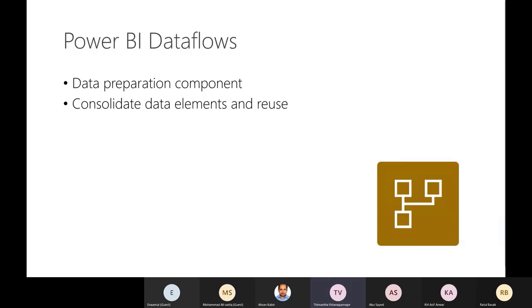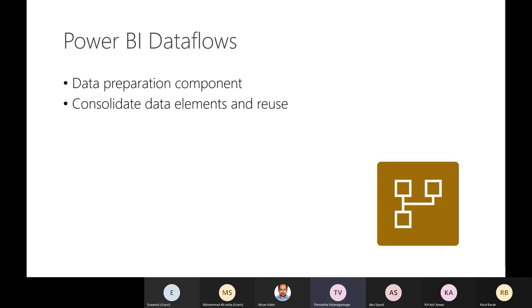What you can do is get the relevant data from the particular source, add business logic, do cleansing, do preparations, and do the necessary tasks, and keep it ready in the specific data flow output tables for reuse. For reuse in the sense of reuse by multiple data sets that are in the Power BI model.